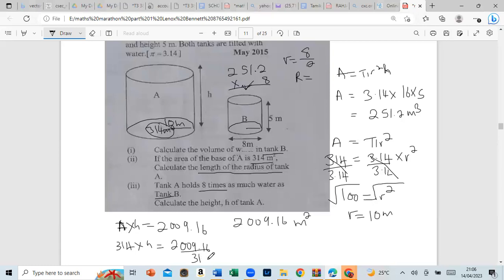I think you guys got 6.4 or something like that? Correct me if I'm wrong, because I haven't punched it on the calculator right now. So the height would be 6.4. That's what you guys got, right? Yes, and it is 2009.6.